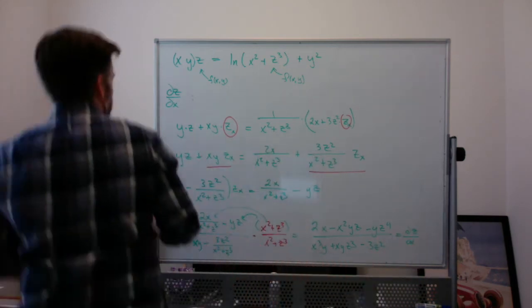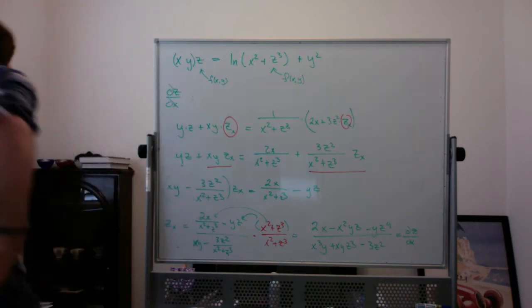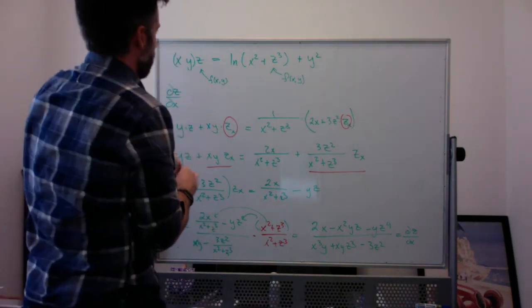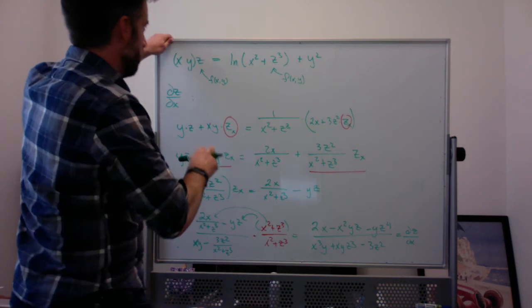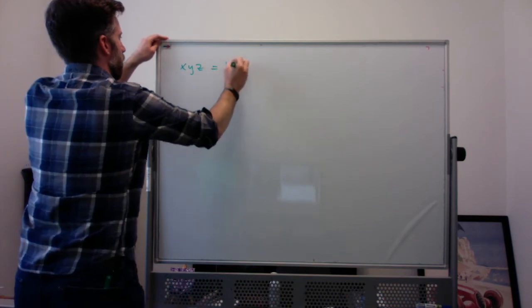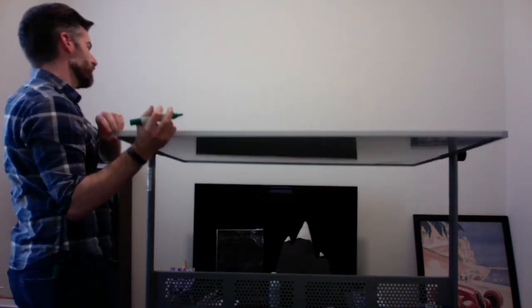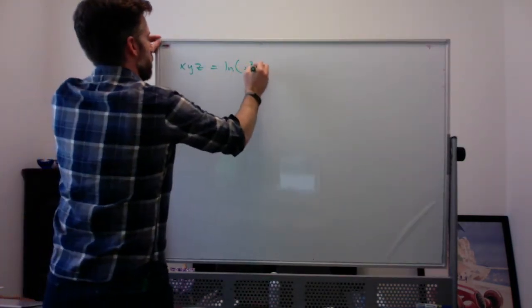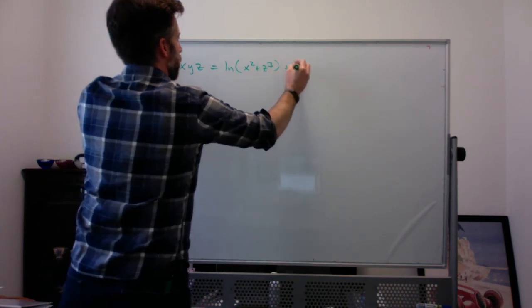To find del z del y, we're going to do the same sort of thing. So, got the same other function. I should have written it ahead of time in the back. It's xyz equals the natural log of, was it x squared plus z cubed? Yeah. Plus y squared.